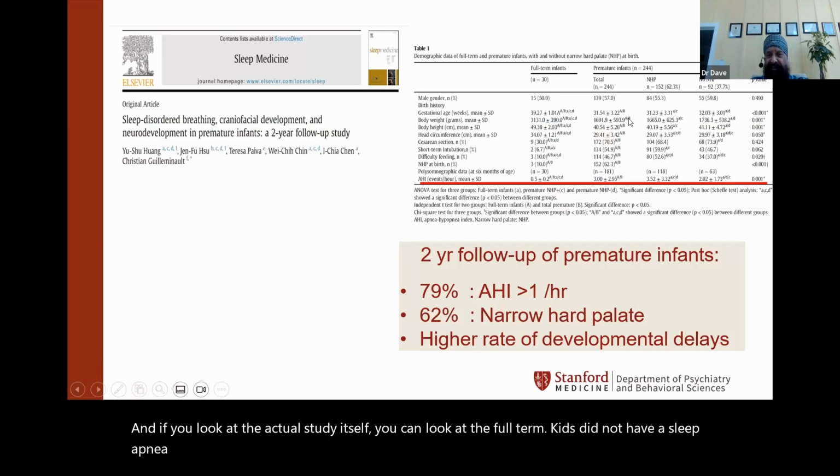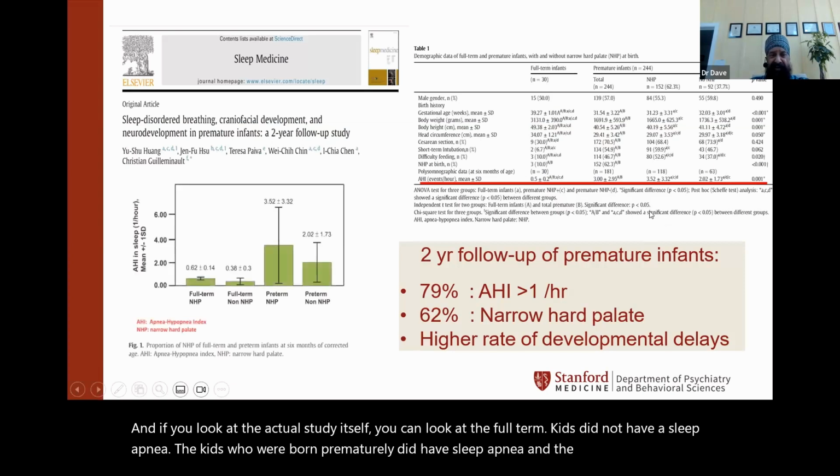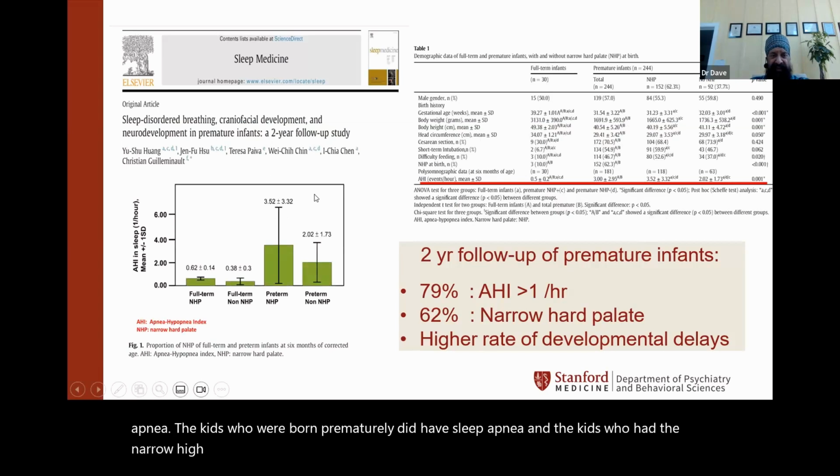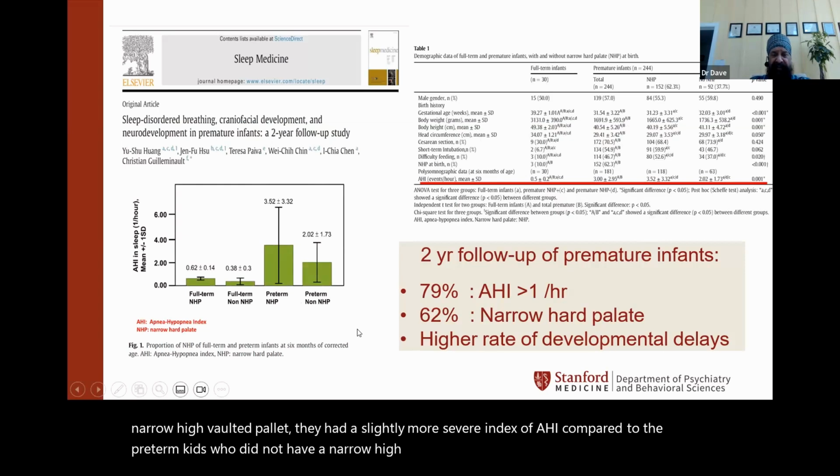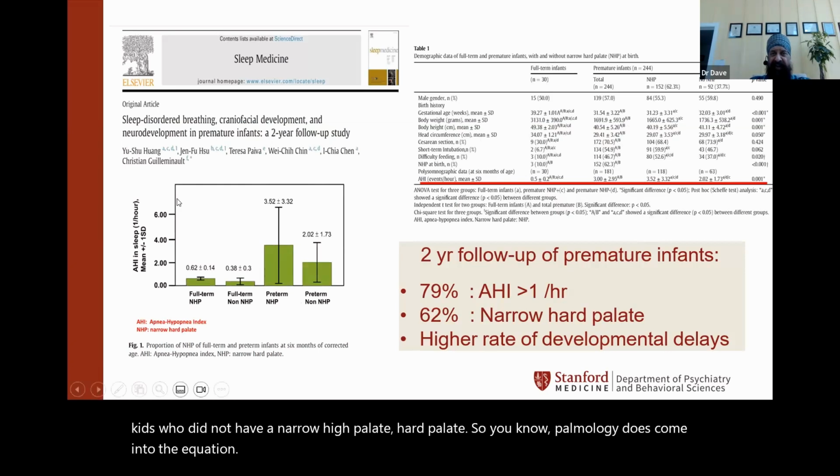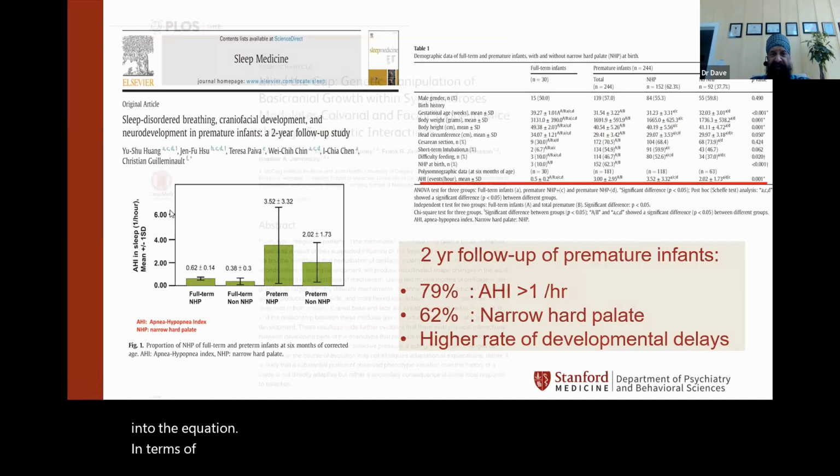The kids who were born prematurely did have sleep apnea, and the kids who had the narrow, high-vaulted palate had a slightly more severe AHI compared to the preterm kids who did not have a narrow, high hard palate. So, palatal morphology does come into the equation in terms of how these children will be breathing.